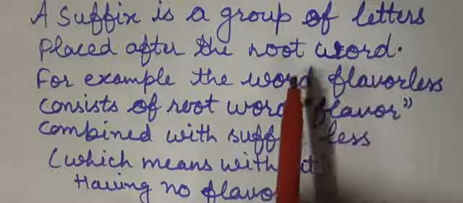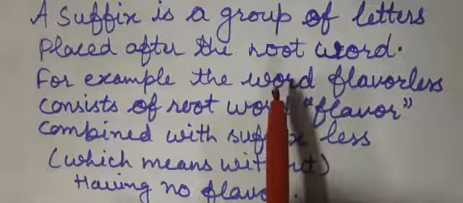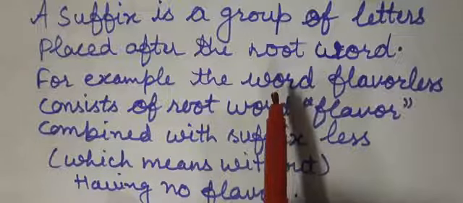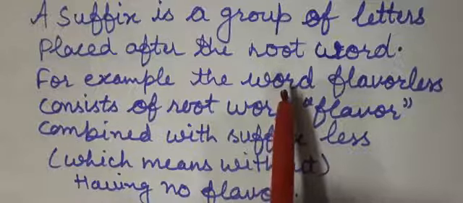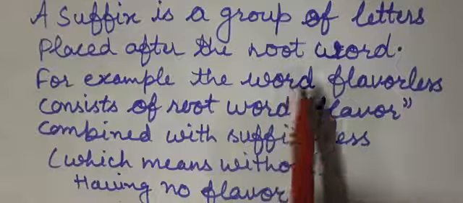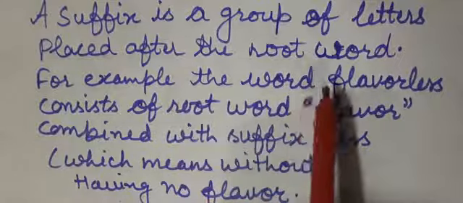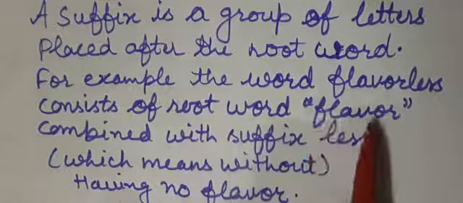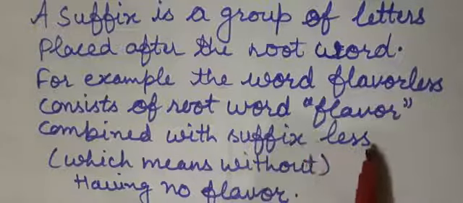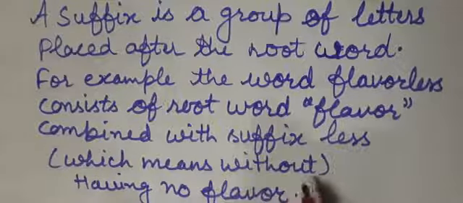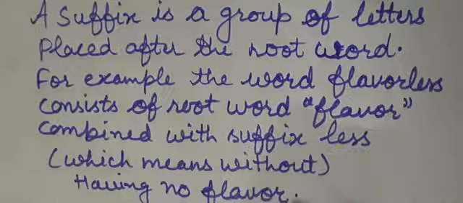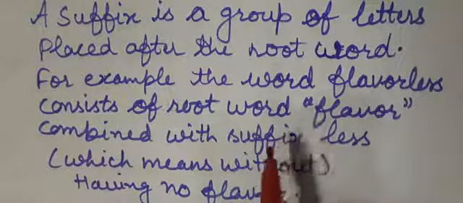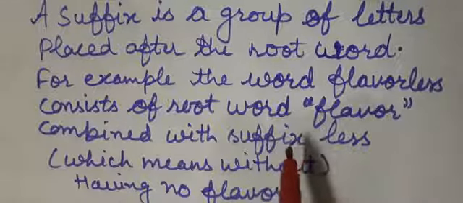So here you have to take care that in a prefix you add the group of letters before a root word, and in a suffix you place the group of letters after the root word. For example, the word flavorless consists of the root word flavor combined with the suffix less, which means without. That means having no flavor. So flavorless means the thing without flavor.